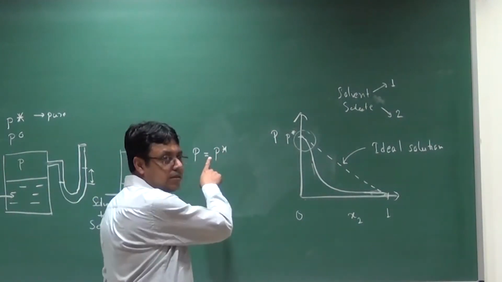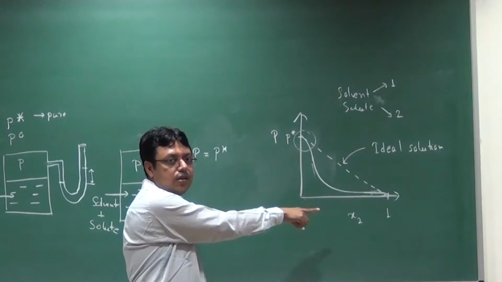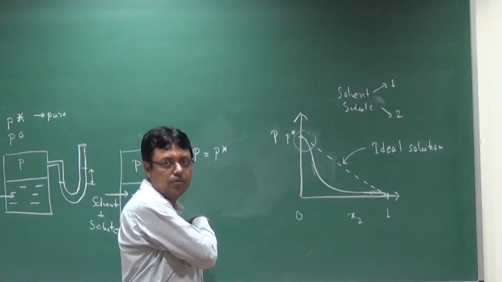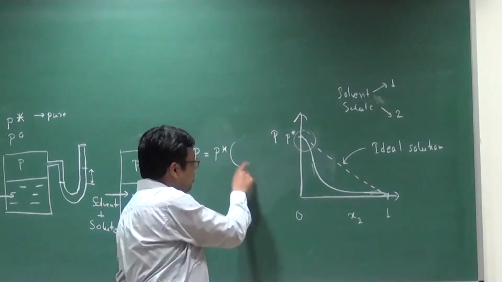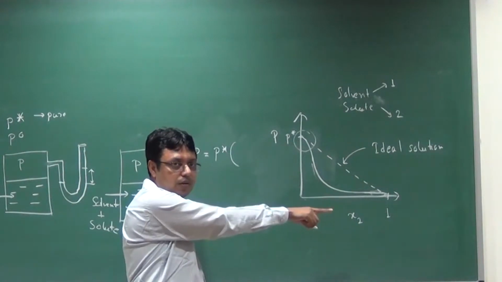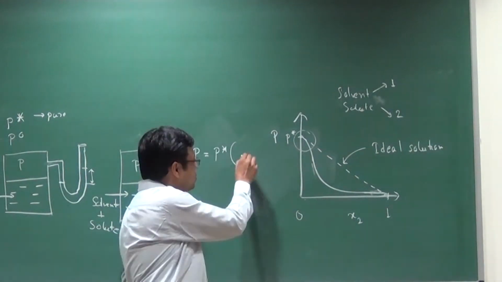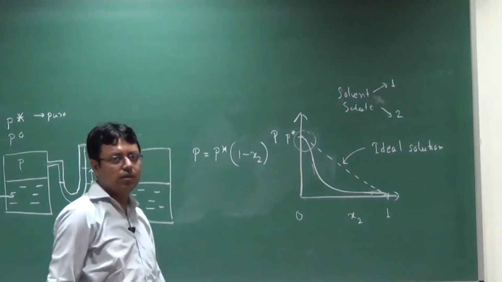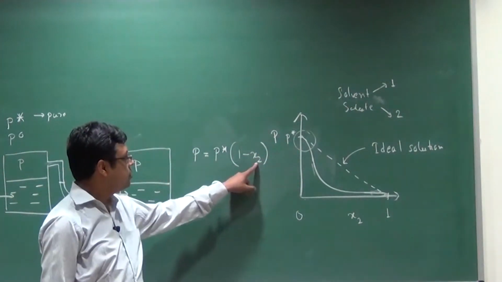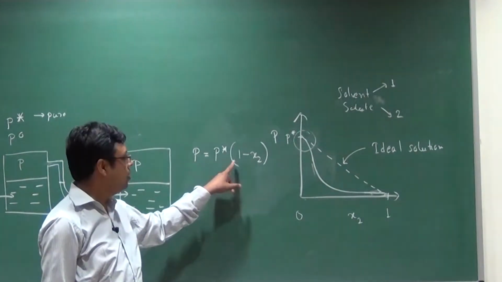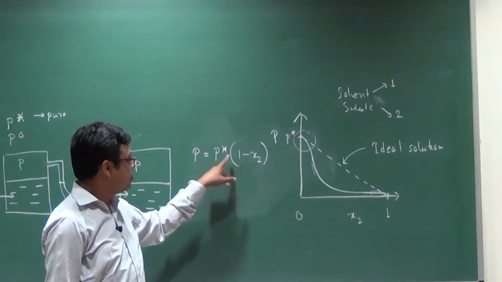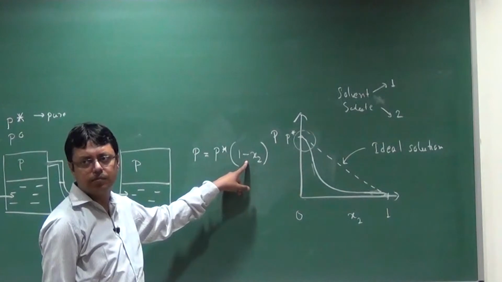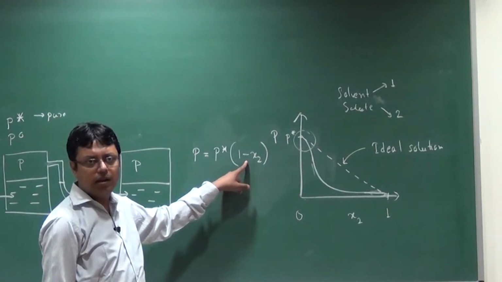So the pressure will be P star when x2 is equal to 0, and the pressure is equal to 0 when x2 is equal to 1. So I can write it like this. Just check it. When x2 is equal to 0, I have P star, and so the slope is minus P star, and the slope becomes the intercept.